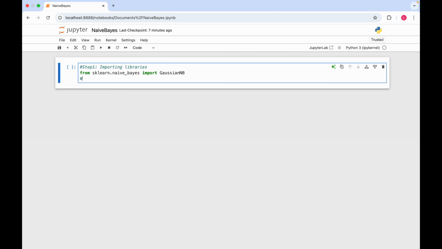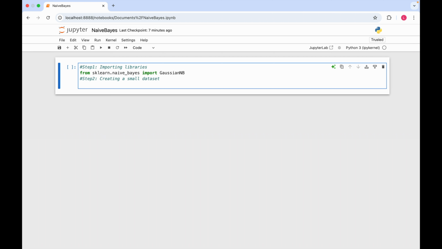Step 2 is creating a small data set. First we have temperature in Celsius.